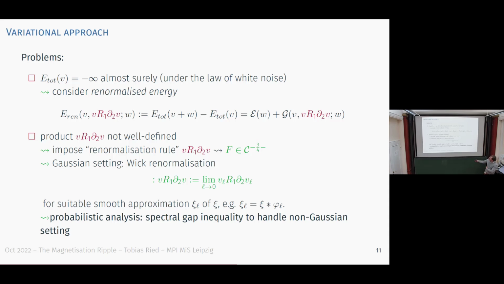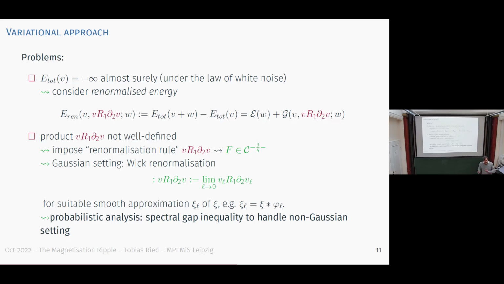So we somehow have to impose a renormalization rule, stating what we understand by this product V R1 ∂2 V. Let me for now just replace this product by an object F, which, from the point of view of regularity, cannot be better than the worst part here, which was the R1 ∂2 V, which had regularity minus 3/4 minus. So let me impose a renormalization rule.